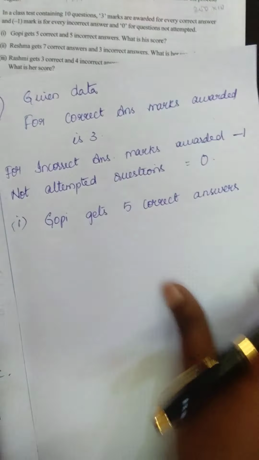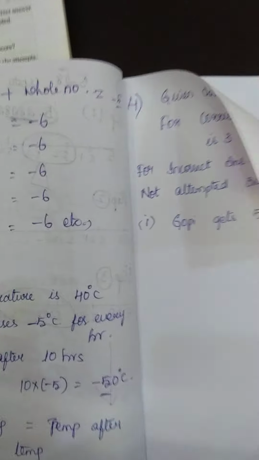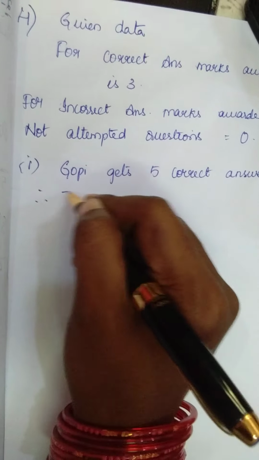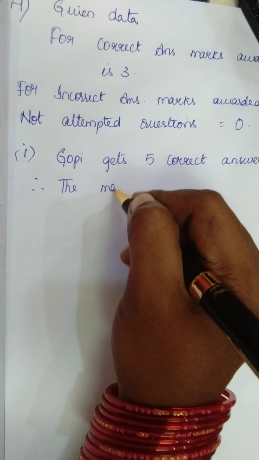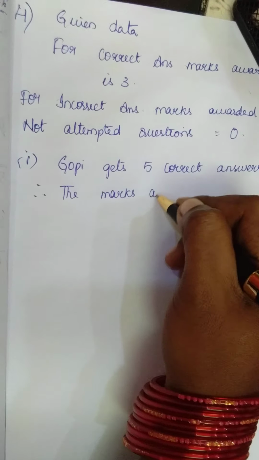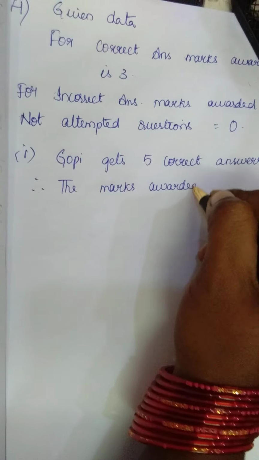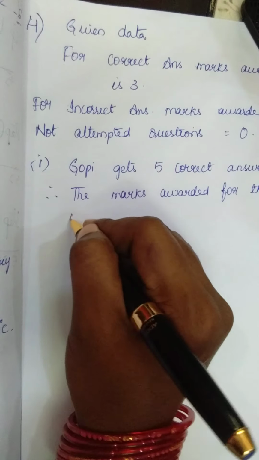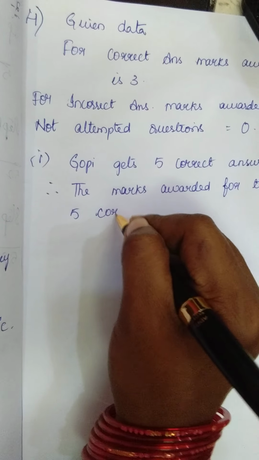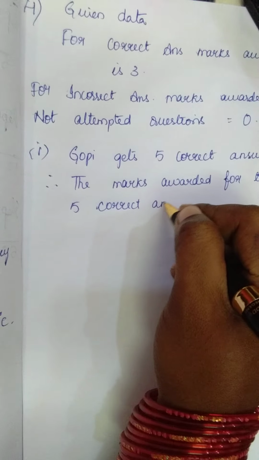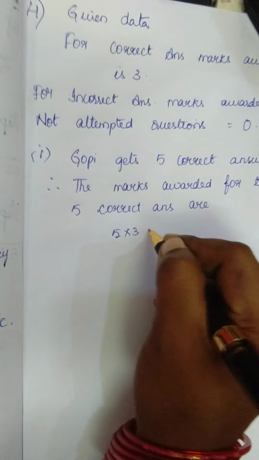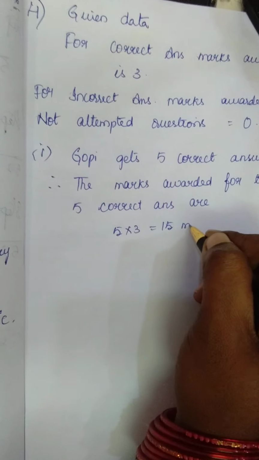Therefore, the marks awarded for the 5 correct answers are 5 into 3 equal to 15 marks.